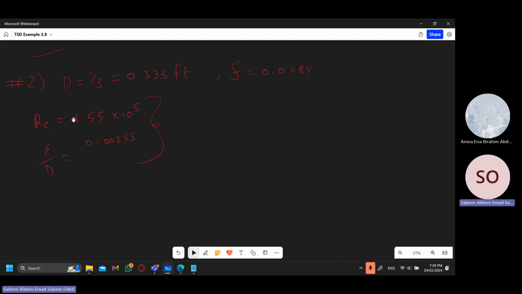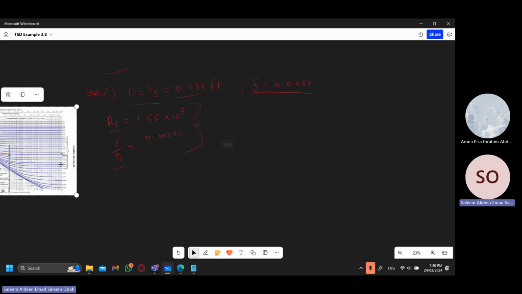For our second trial, we decided to use 1 over 3, which is equal to 0.333 foot. After plugging this diameter into the friction factor equation, we got this to be our friction factor. We recalculated the Reynolds number and the roughness over diameter ratio, which are the two values that we found.